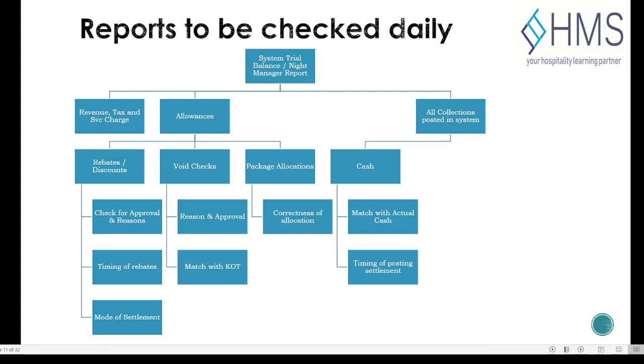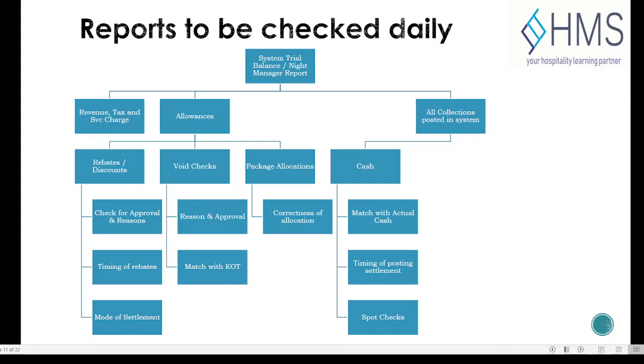If you force them to post immediately, they have less flexibility to do anything with it, because the user rights in the systems are limited. So that's important, to force the timing of the posting of settlements.